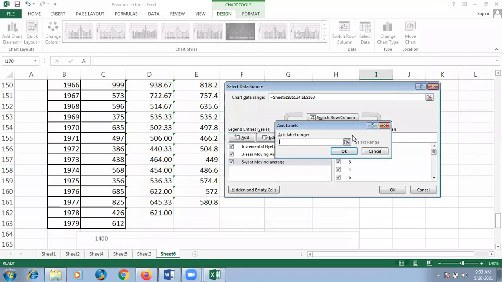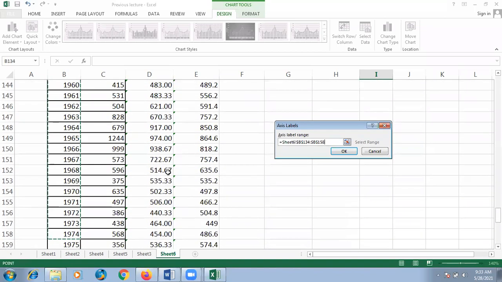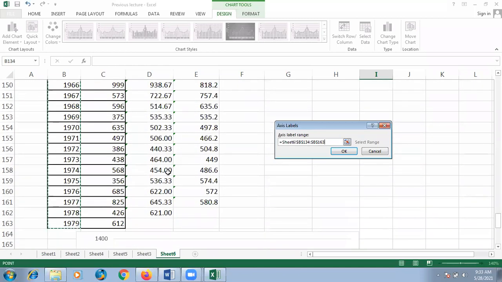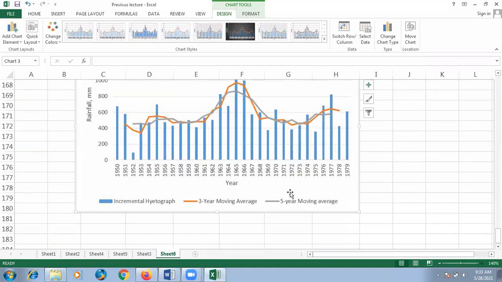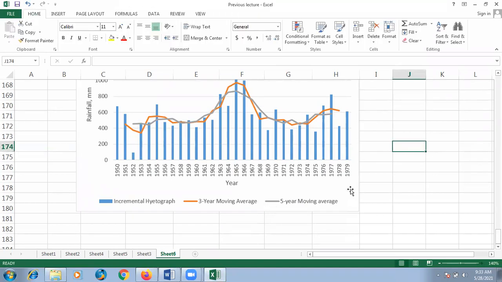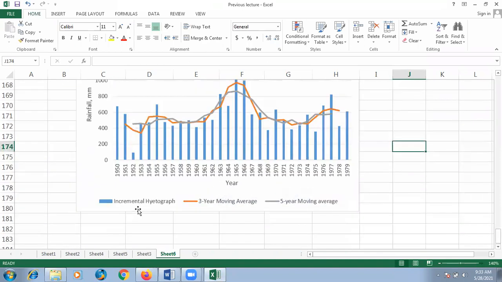Then the X values have to be included. That I would do, for the same set of years, we are doing nothing different. So that is done. Now I say okay. So look here, the 5-year average curve has come in gray line. That is also shown here. So on the same graph, we have shown incremental hyetograph, 3-year moving average, 5-year moving average.